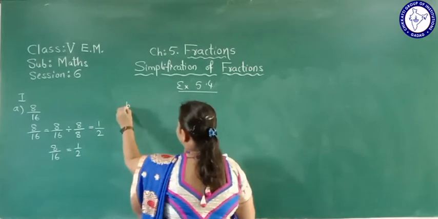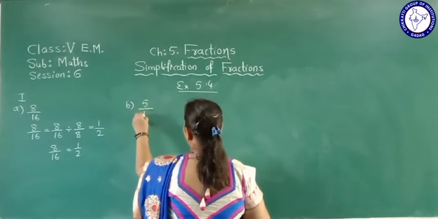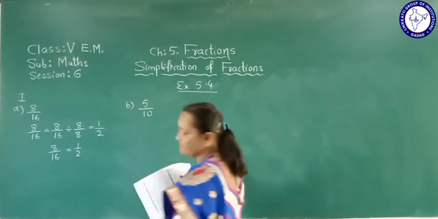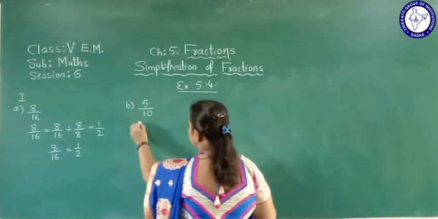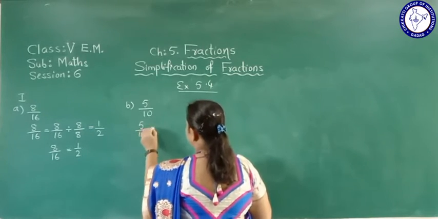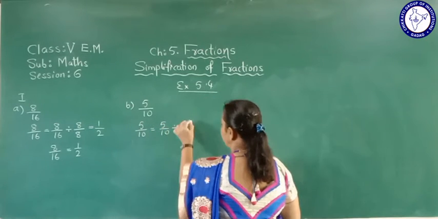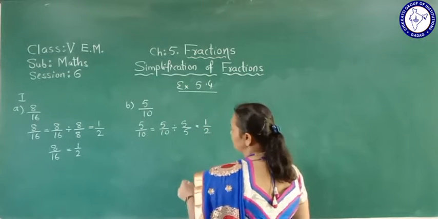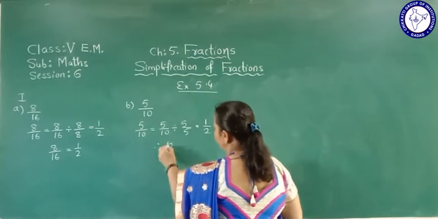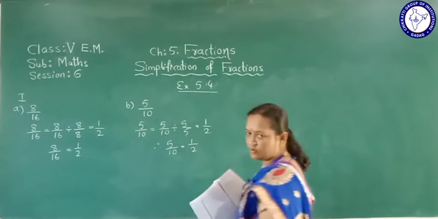Second one, 5 by 10. 5 and 10 both we get in the 5 table, isn't it? 5 ones are 5, 5 twos are 10. So 5 by 10 divided by 5 by 5. So 5 ones are 5 and 5 twos are 10. Therefore 5 by 10 is equal to 1 by 2.